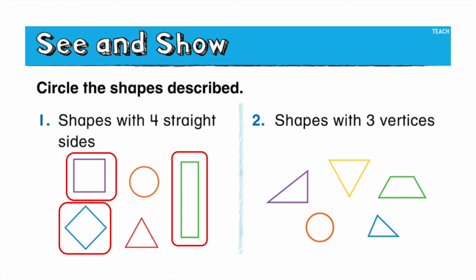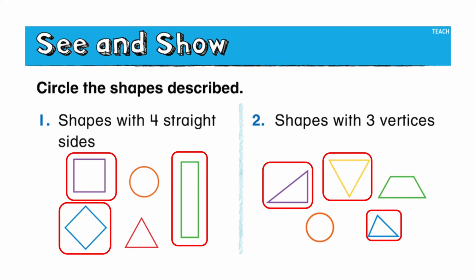Go ahead and look at the shapes carefully and decide which shapes have 3 vertices. Let's check your work, mathematicians. Yes, the purple triangle has 3 vertices. The yellow triangle has 3 vertices. And the blue triangle has 3 vertices.